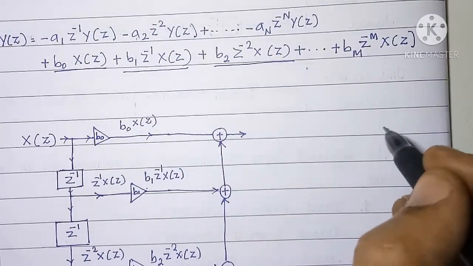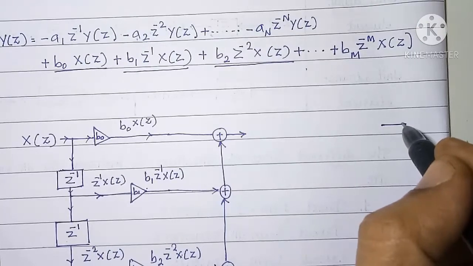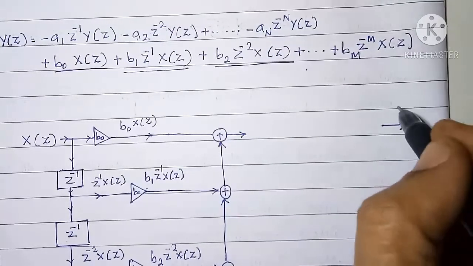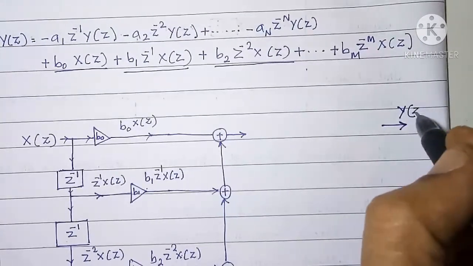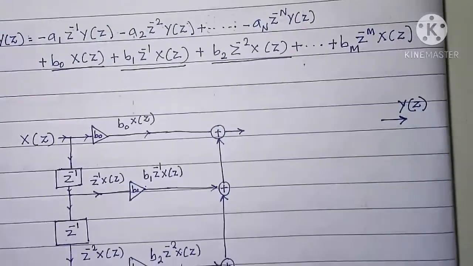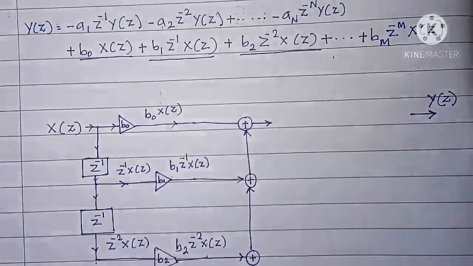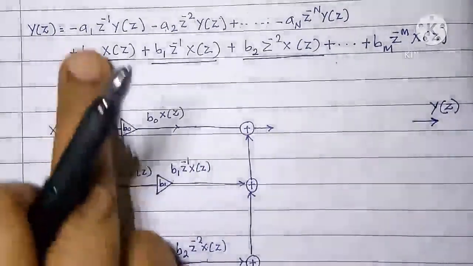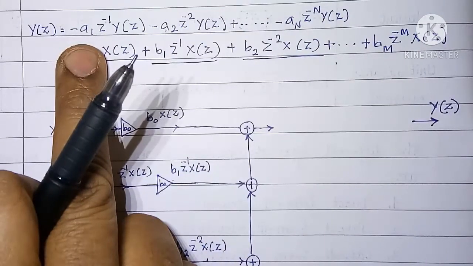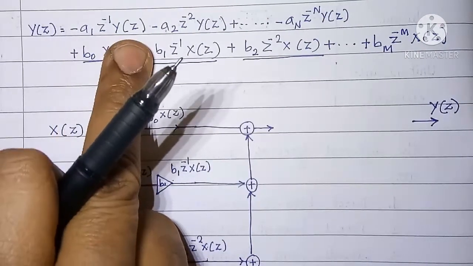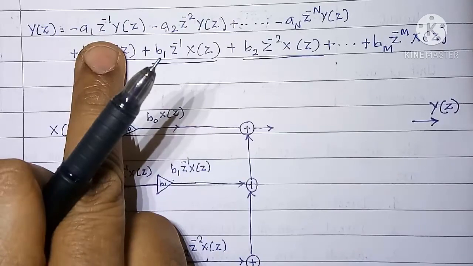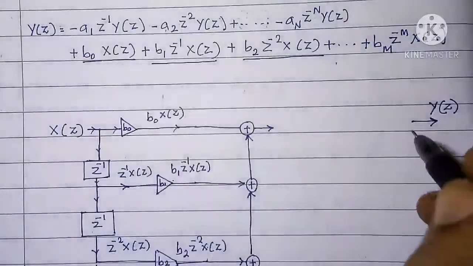Here, let us say output y of z is available to us. Now, to get the first term, I have to delay y of z by 1 unit.